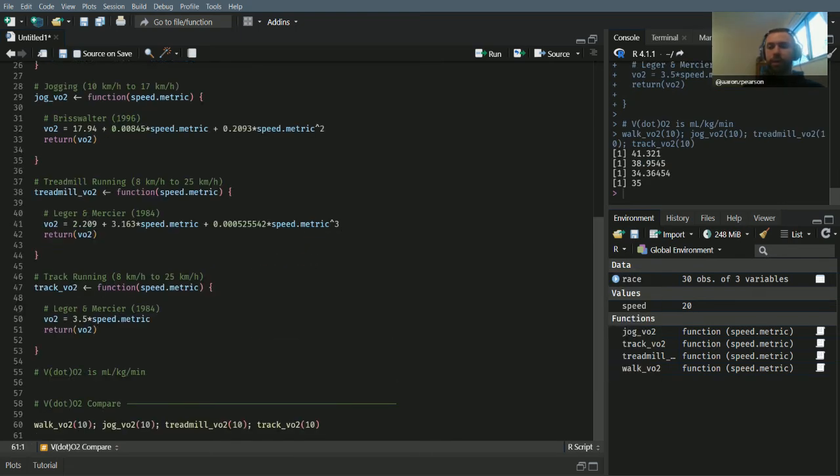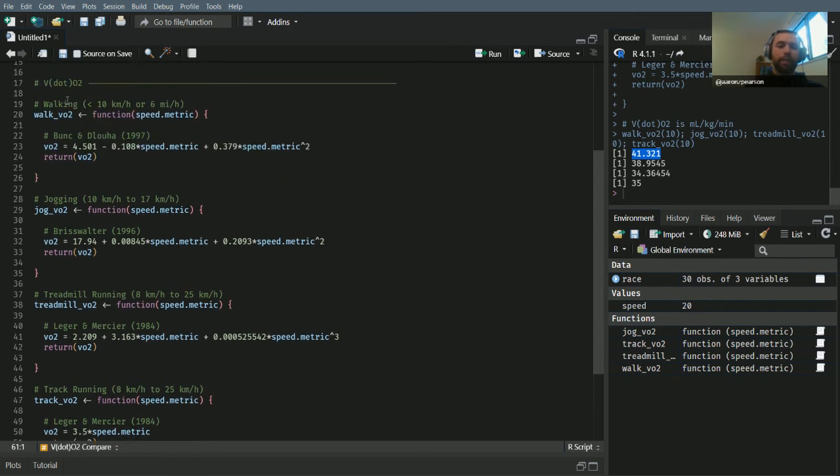And if we hit enter, we see that we have slightly different estimates here. 35 is just 3.5 times 10, and that's what we're going to be using. We see that this value here, 41, is a large overestimate, and that's just because it is based on walking speeds, so below 10 kilometers per hour within a general population.